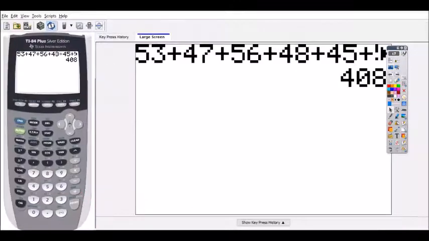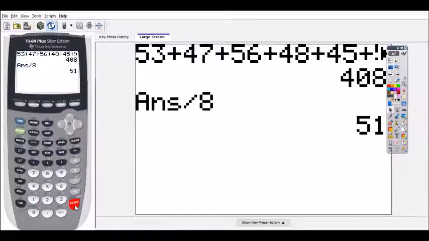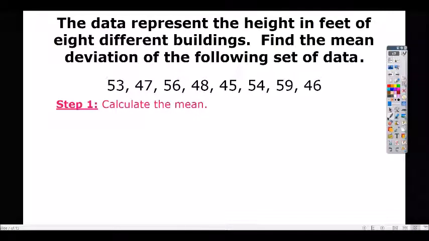So I should have gotten 408 as my total, but don't make the mistake, that's not your mean. That's just your total when you sum those 8 numbers together. Once I have that, I'm going to divide that by 8 because it told me that the total of buildings in the data was 8. So I'm going to get the number 51. 51 is my mean. So I'm just going to write that right here, that my mean is 51. We're going to need the 51 for step 2.